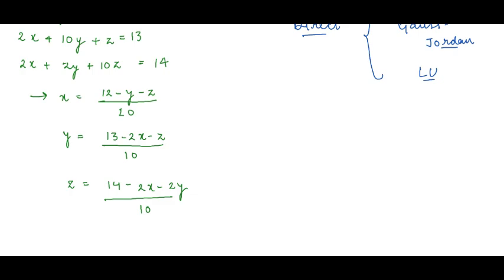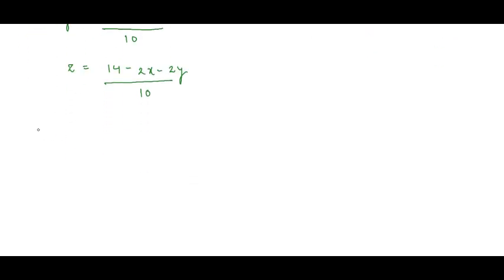So notice something interesting. Each variable is expressed in terms of the other variables. If we start with approximate values for x, y, and z, we can repeatedly substitute these values into the equations to obtain better approximations. And this simple idea forms the basis of the Jacobi iterative method.